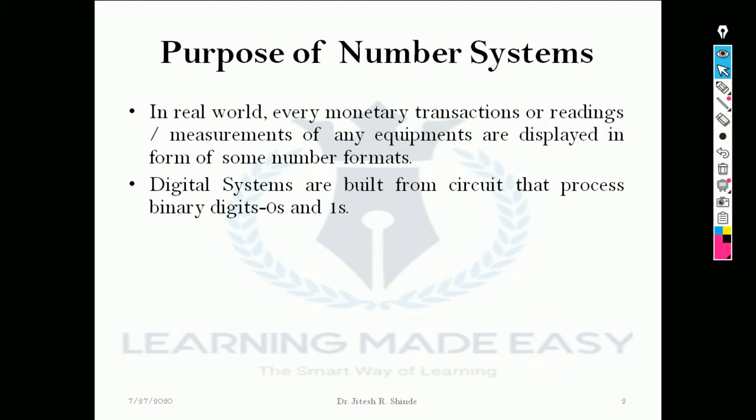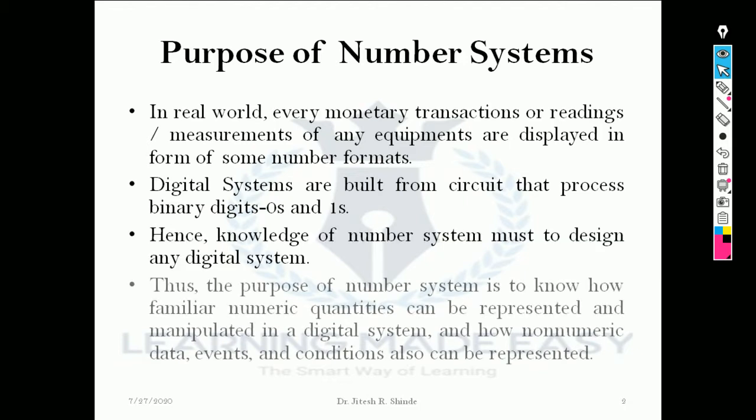At the output, again, if we want the data in the decimal number system, it creates a necessity to understand how the binary number system can be converted back to decimal. Hence, knowledge of number systems is a must to design any digital system.